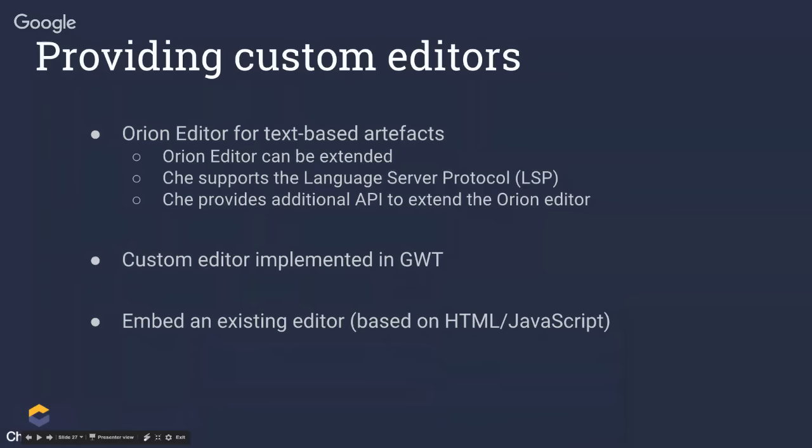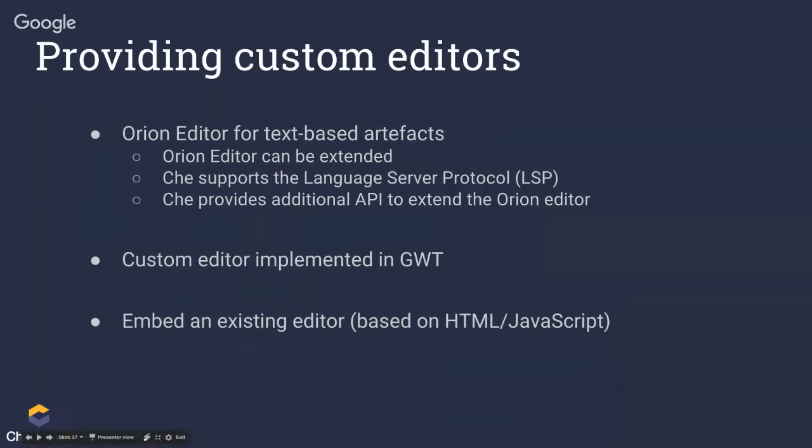First, as Stefan mentioned before, you can implement your own component in GWT. So as Che is written in GWT, you can just add a custom component. There's an API to add your own editor, and if you're familiar with GWT, it's pretty simple to implement whatever you want and show it in the IDE.